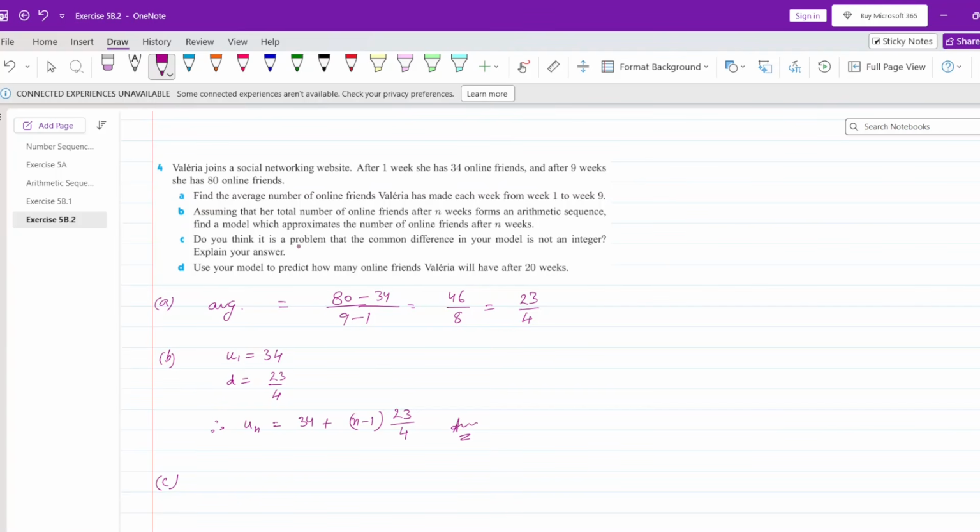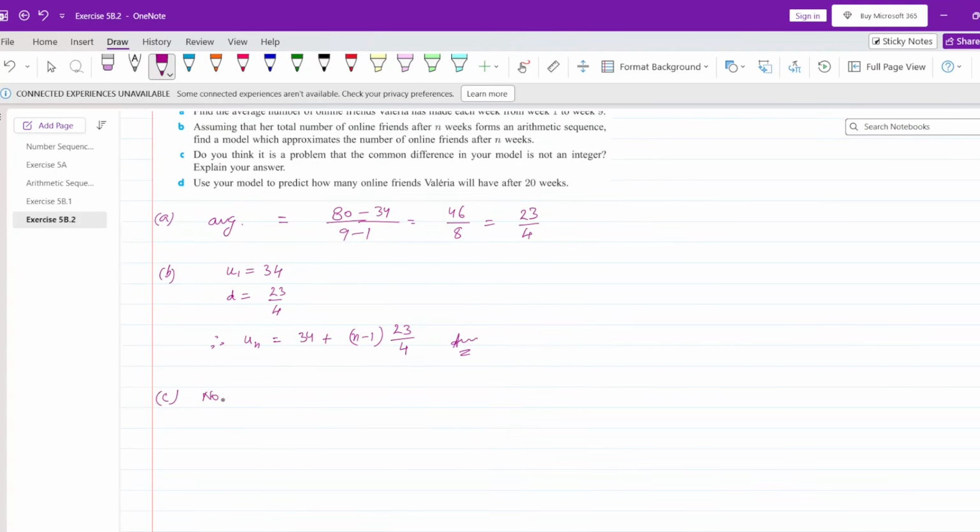Do you think it is a problem that the common difference in your model is not an integer? Explain your answer. No, it is not a problem because the common difference d here indicates the average number of friends gained each week.